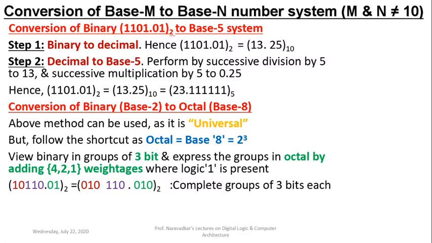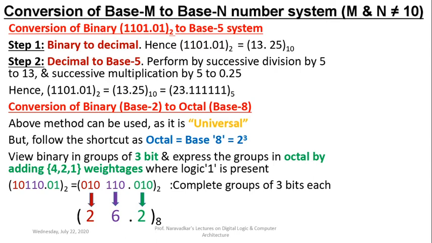After the point, 0, 1, 0 means only weightage 2 here. So the octal equivalent is: 0, 1, 0 equal to 2; with the weightages added, 1, 1, 0 is 6; point 0, 1, 0 is equal to 2 in the octal system.